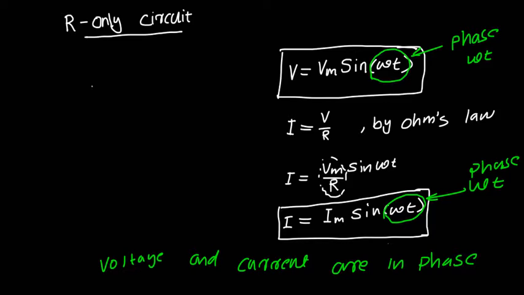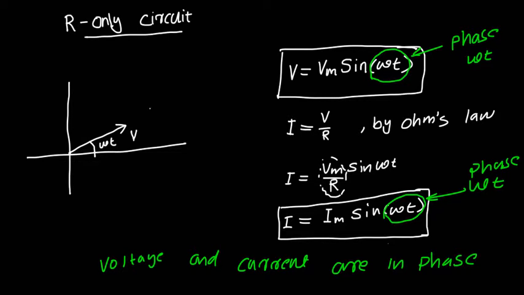Phasor diagram. Let us take this as V, and this angle is omega t.